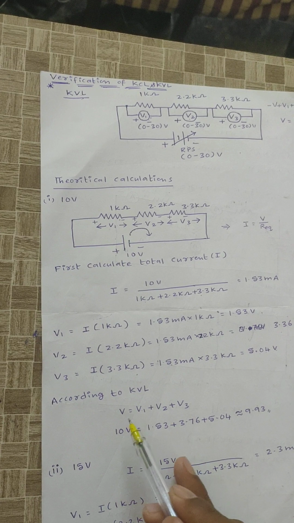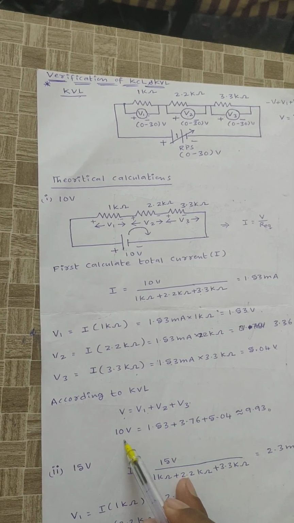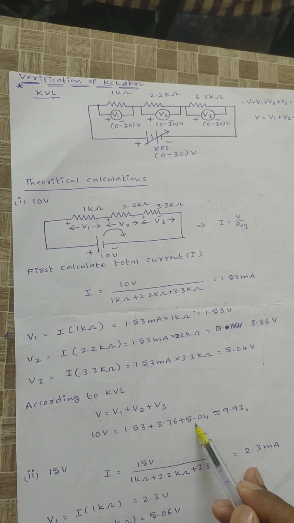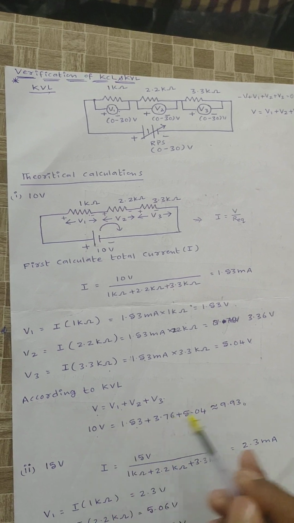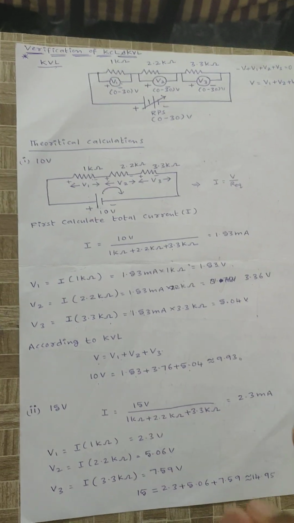According to KVL, V is equal to V1 plus V2 plus V3, that is 10 volts is equal to 1.53 plus 3.36 plus 5.04, that is 9.93. 10 volts is approximately equal to 9.93. KVL is verified for 10 volts.